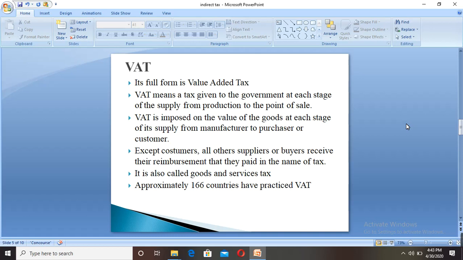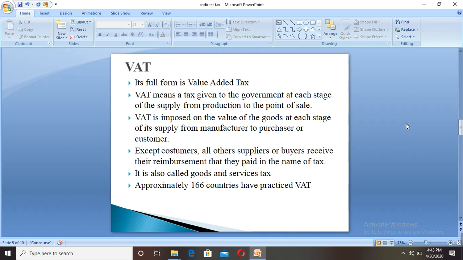Value added tax is a tax where value is added to the value of the goods or commodities at each stage of its supply. Except customers, all the other suppliers or buyers receive reimbursement of what they have paid in the name of tax. The manufacturer takes its compensation from the dealer, the dealer takes its compensation from the retailer, the retailer takes its compensation from the customers.